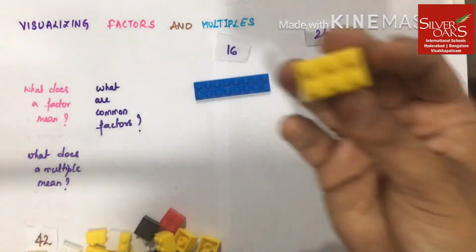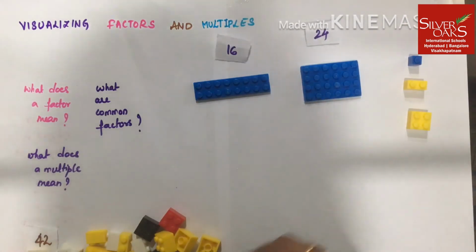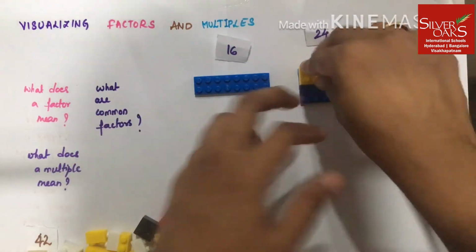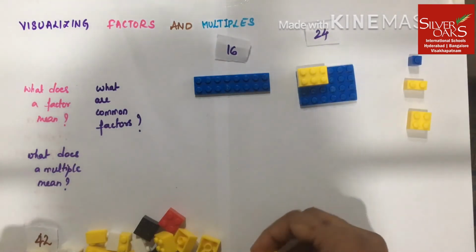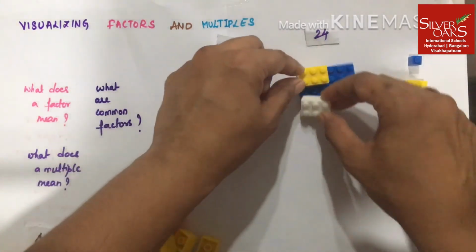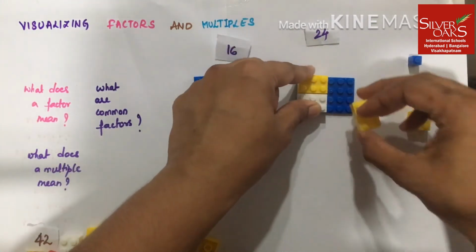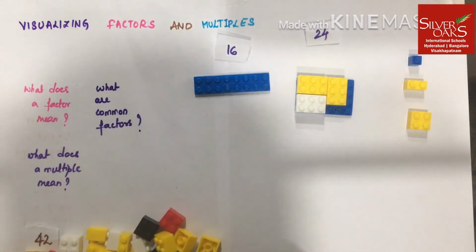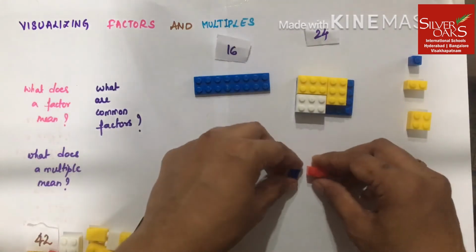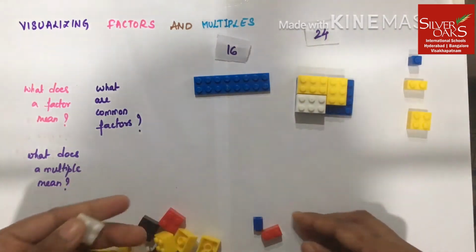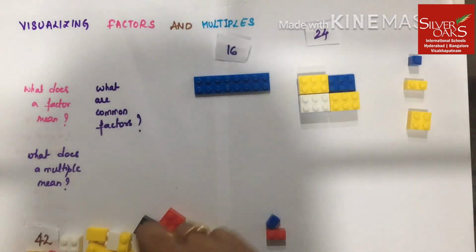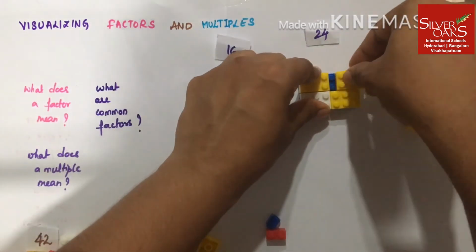Let me try with a base of 6. I'll fill my 24 first, just for a change. First 6, my second 6, my third 6, so I'll tilt it like this. Yeah, my fourth 6.